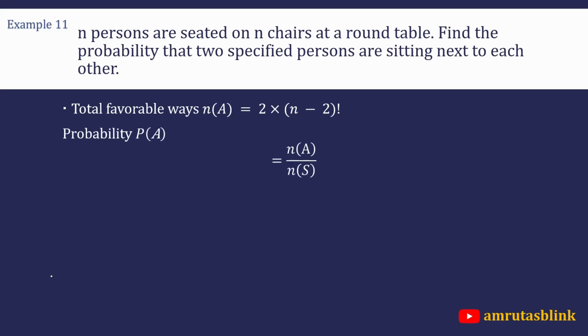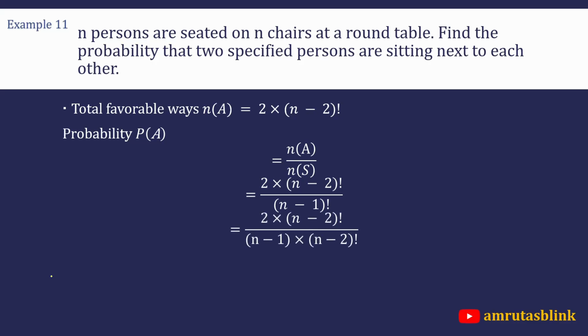Hence probability of A is equal to n of A upon n of S, that is 2 into n minus 2 factorial upon n minus 1 factorial, that is 2 into n minus 2 factorial upon n minus 1 into n minus 2 factorial. Now this n minus 2 factorial will get cancelled, and we will just have 2 upon n minus 1.